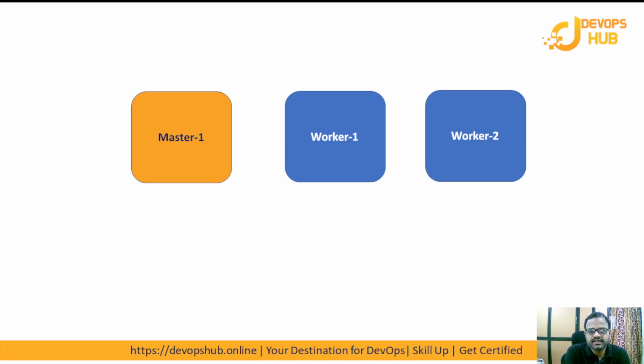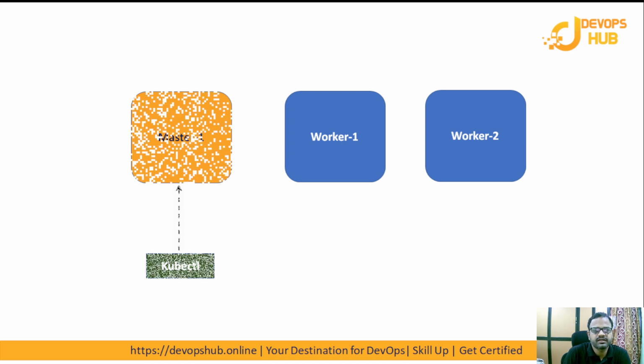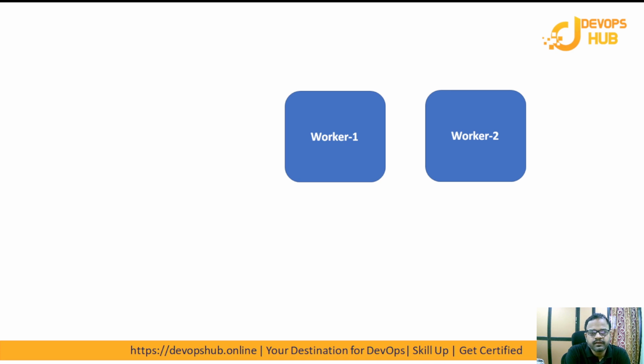This is a 3-node Kubernetes cluster where we have one master node and two worker nodes. We can interact with our Kubernetes cluster using the kubectl tool. What will happen if our master node all of a sudden goes down? We will lose control of our Kubernetes cluster.